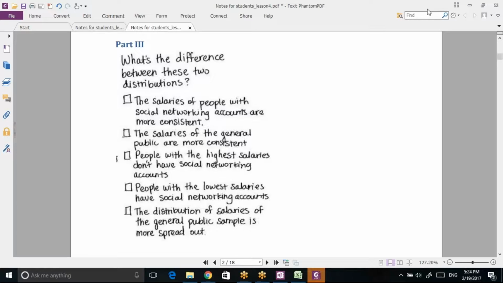So how to show the difference? Just the differences between these two distributions. So what options are correct? These are the 5 options you have. Just mark the options 1 to 5 here.